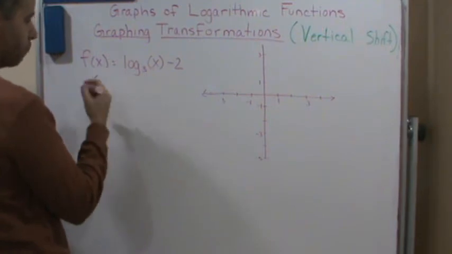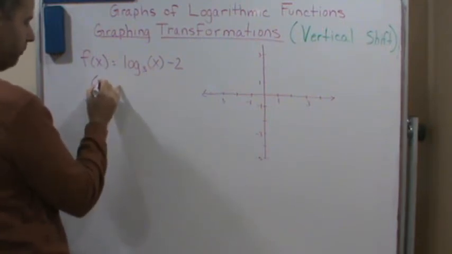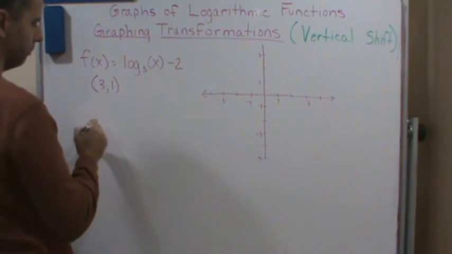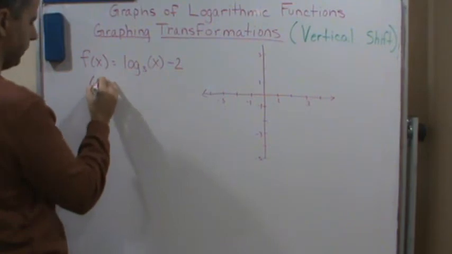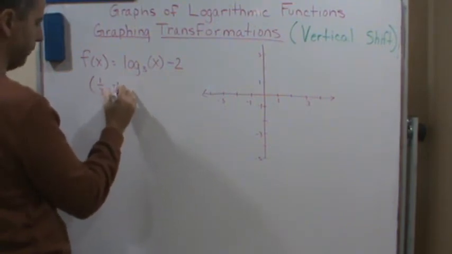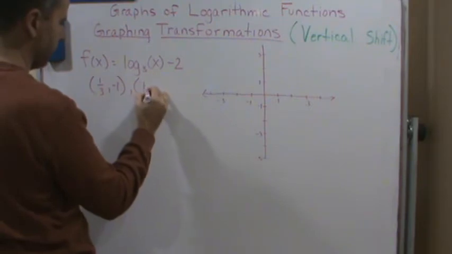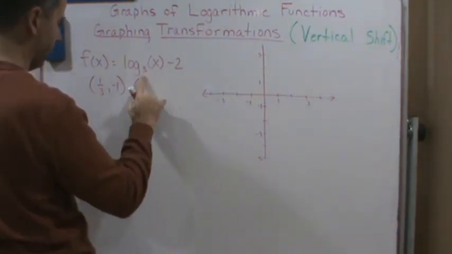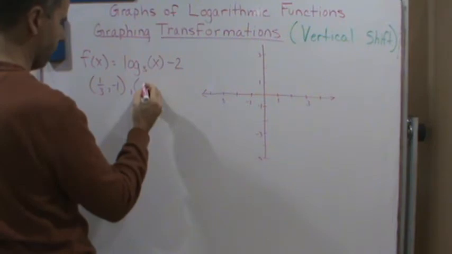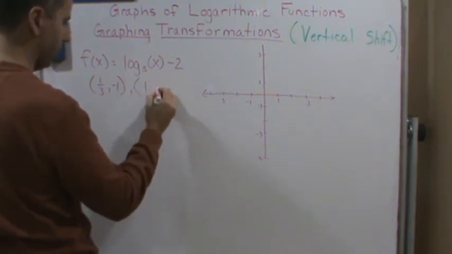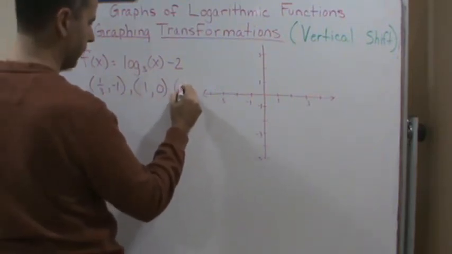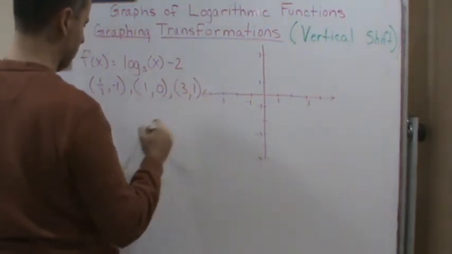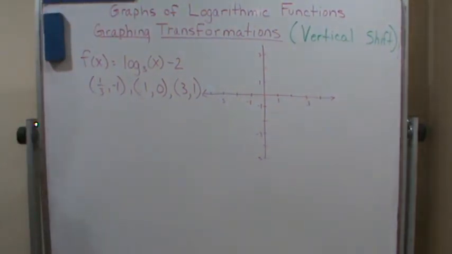It's going to be 1/3 comma negative 1, 1 comma 0, and 3 comma 1.